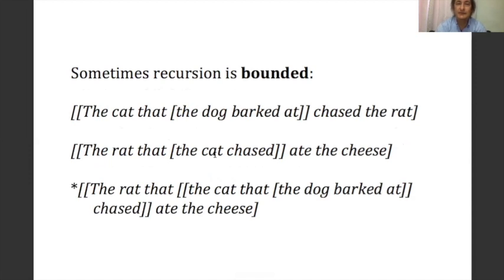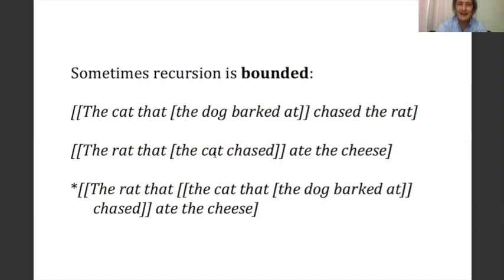We can put one thing inside of another here. The cat that the dog barked at chased the rat. The rat that the cat chased ate the cheese. Okay, but if we try to extend that, do this multiple times, as in the third example here, we end up with something that's almost impossible to understand.